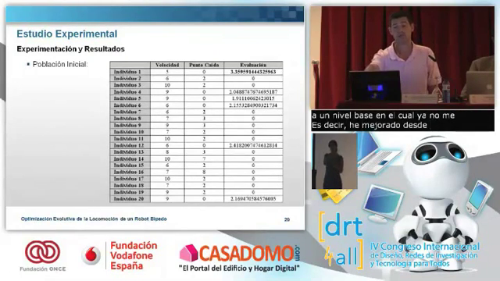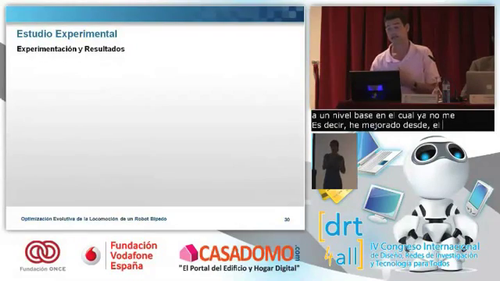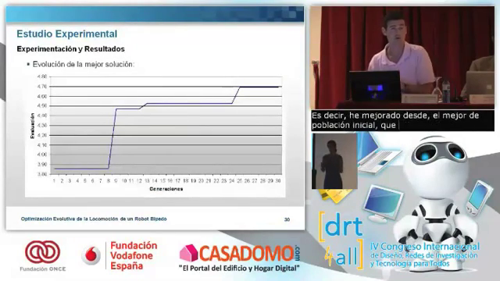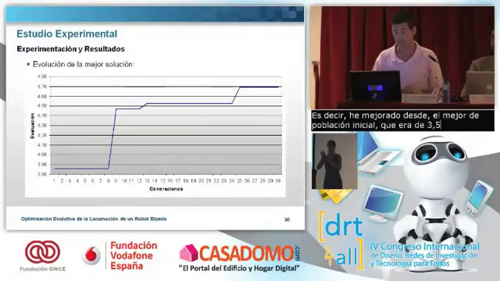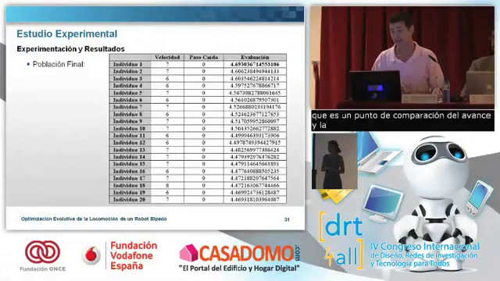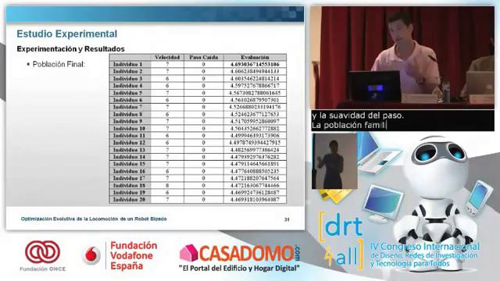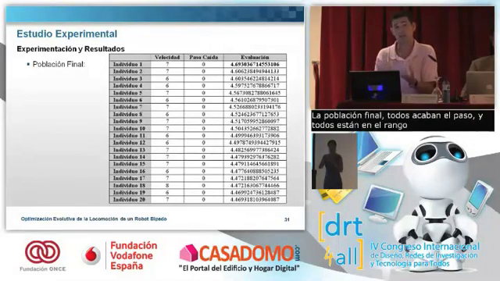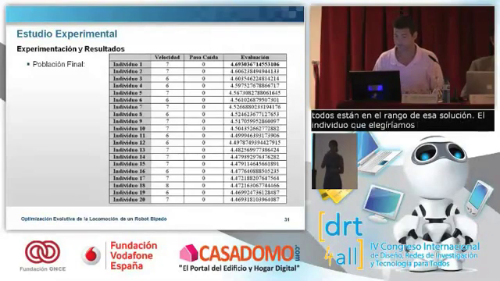The best individual of the first 20 was 3.35, and we managed to get it to 4.8. The final population, as you can see, all of them take a step, and all of them are in that range. The individual we would choose will be the best of that generation.